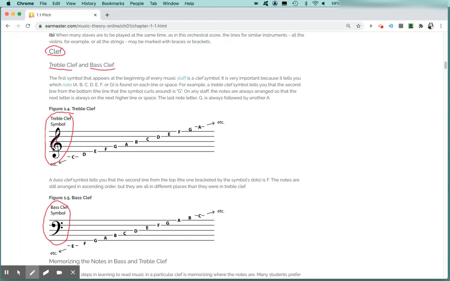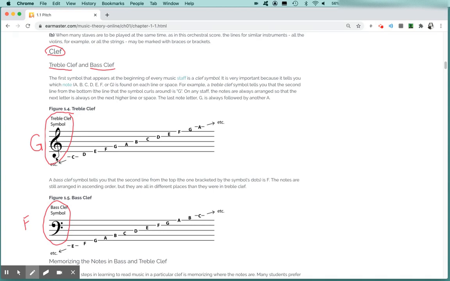Because this kind of, sort of, looks like a G. And maybe back in the day when people wrote differently than they do now, it might have looked even more like a G. This is called an F clef because that looks like an F. And whatever line this circles is G. And whatever line these two little dots are on each side of is F.